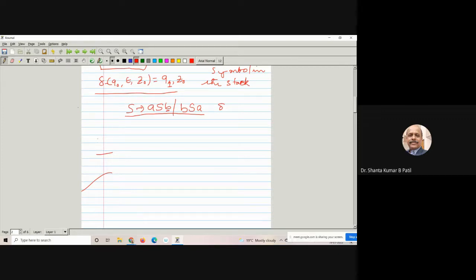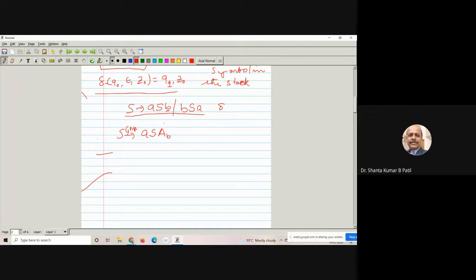Okay, so what I am going to do, first I will convert this production into the Greibach normal form. It is not in the Greibach normal form. Now I am going to convert them into the GNF. In the Greibach normal form, a terminal is always followed by a variable or variables.